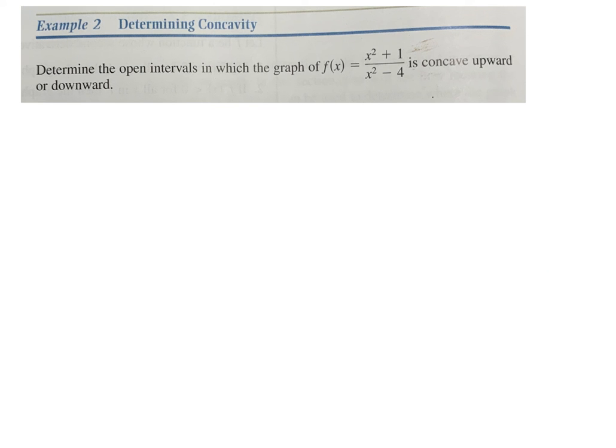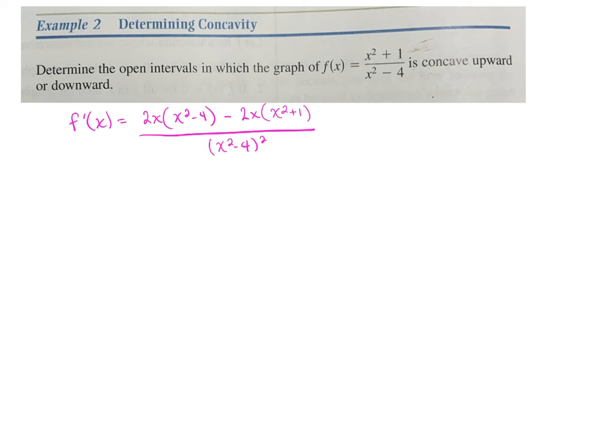All right, so we're going to do the second derivative because we're doing concavity. So we're going to start with our first derivative, obviously. Derivative of the top, that's 2x times the bottom, minus the derivative of the bottom times the top, all over the bottom squared.